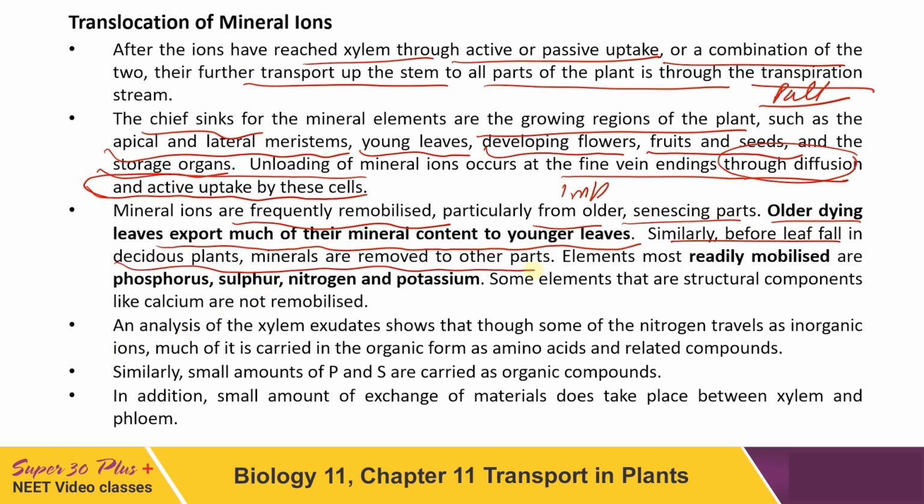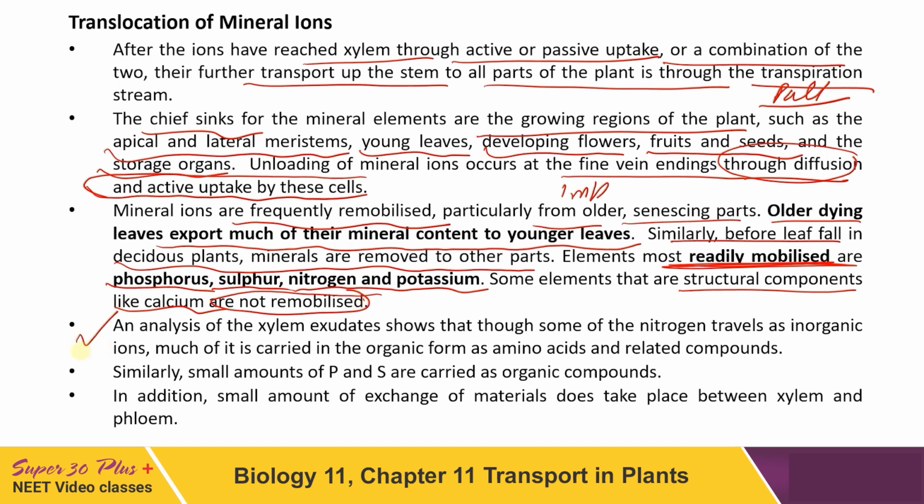The elements which can move readily are known as readily mobilized minerals, for example phosphorus, sulfur, nitrogen and potassium. But some minerals which are structural components, like calcium, cannot move. So these are not remobilized. These are known as non-mobile elements.